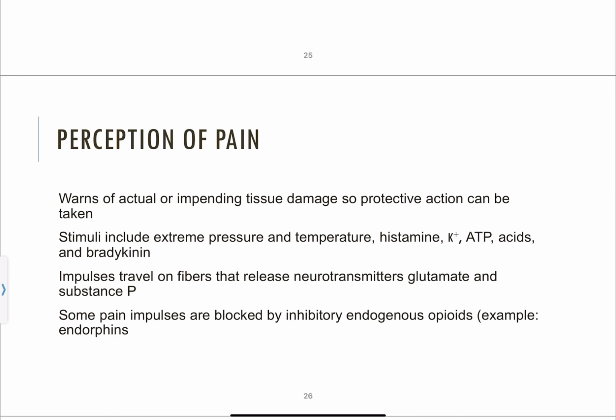Some pain impulses, though, can be blocked by inhibitory endogenous opioids, something that we produce ourselves. That's what endogenous means, so endorphins. If our body is producing a lot of endorphins, that can block the response or perception of pain. So basically it's our own pain suppressing system that we have in the event that we need it.